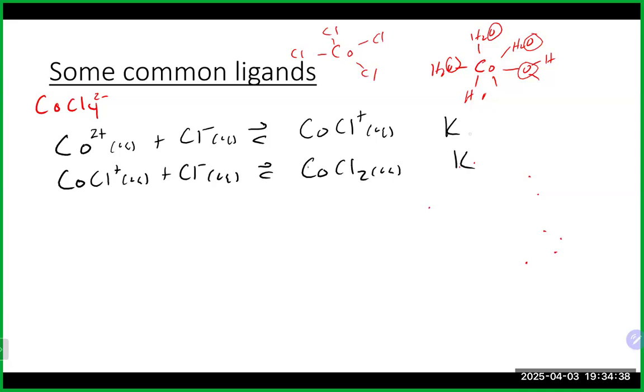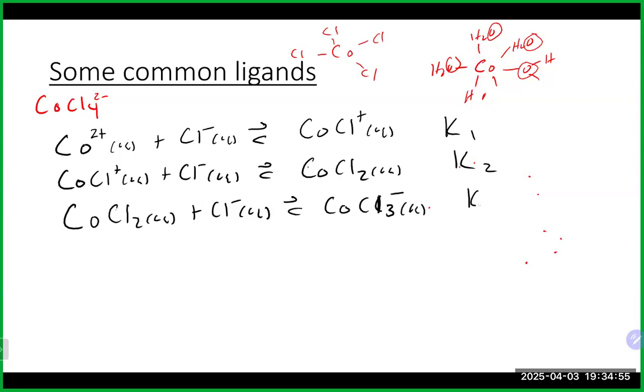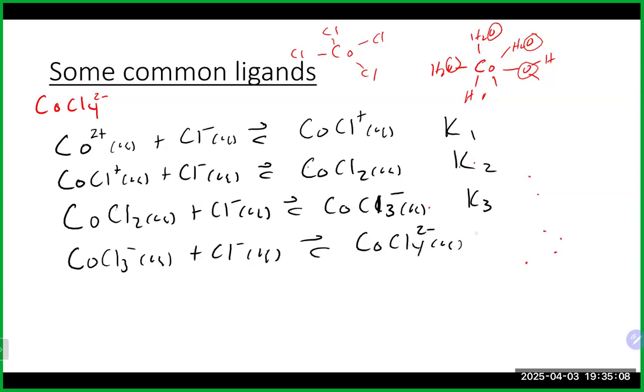There would be a K for that; we'll call it K1, K2. The next thing that would happen is this would pick up its third chloride and make CoCl3-. That'd be K3, we'll call it. And lastly, the CoCl3- would pick up one last chloride and make CoCl4 2-, our complex ion, which would be our K4. So it does come on basically one at a time.